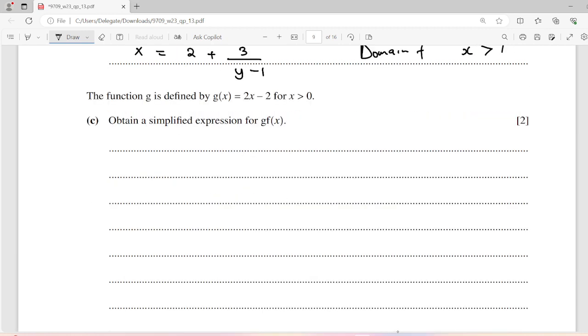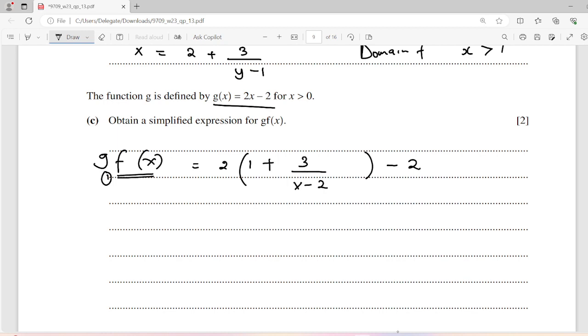We go to part C. What does part C require us to do? We need to get the expression of g f of x. So you go in the expression of g, the first function, write it, but wherever there is an x, leave a bracket. In the bracket, you write the expression of the first inverse, which is 2x minus 2, but instead of writing x, you put the expression of f, which is 1 plus 3 over x minus 2.